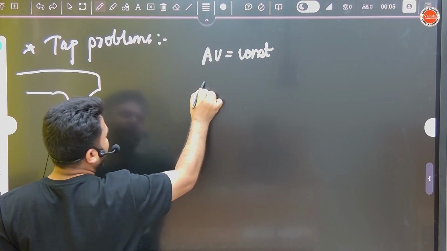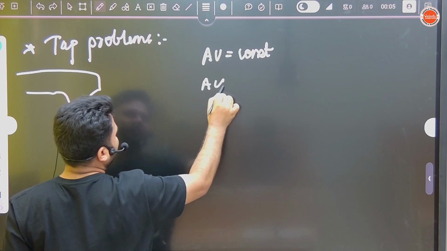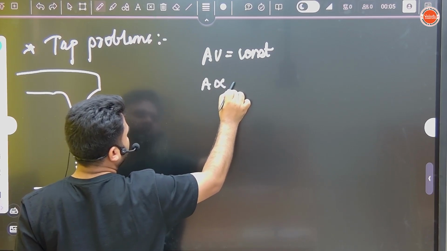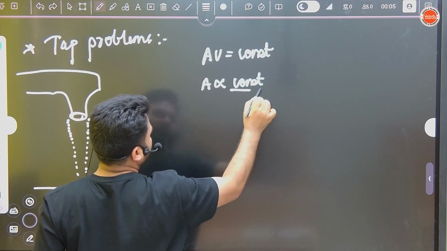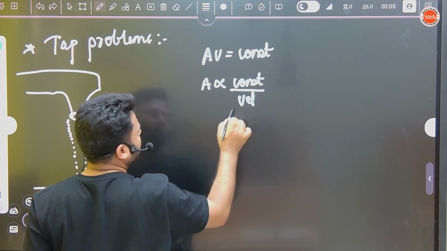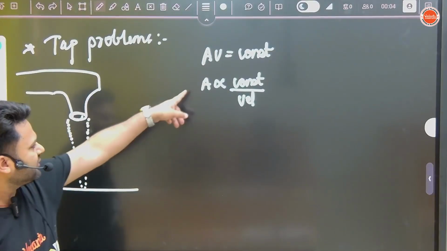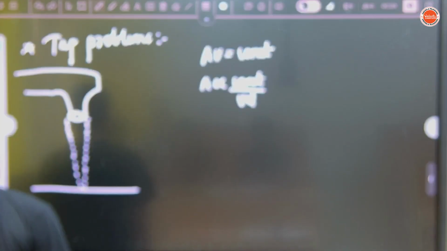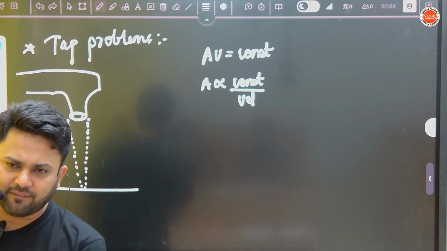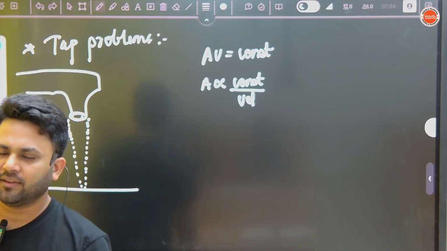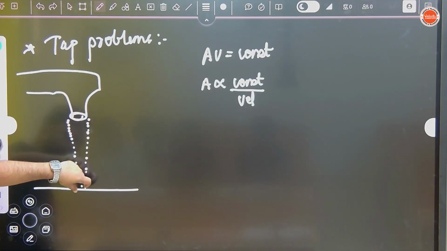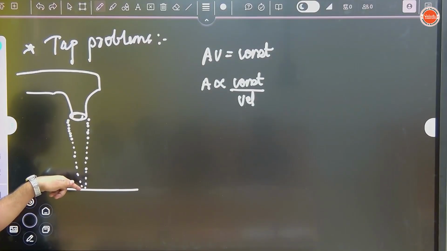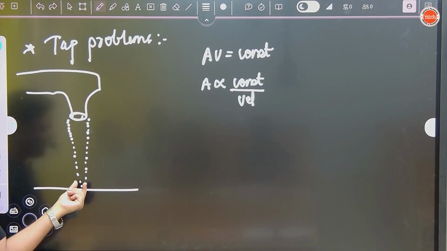Or I can say area is inversely proportional to velocity. Means if velocity increases, area will decrease. So whenever a liquid is flowing, when it comes down, its velocity will be more, and if its velocity is more, area will be less.